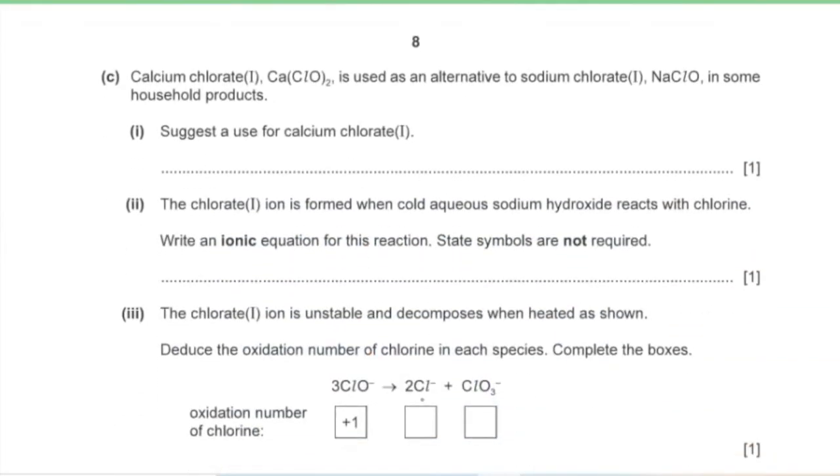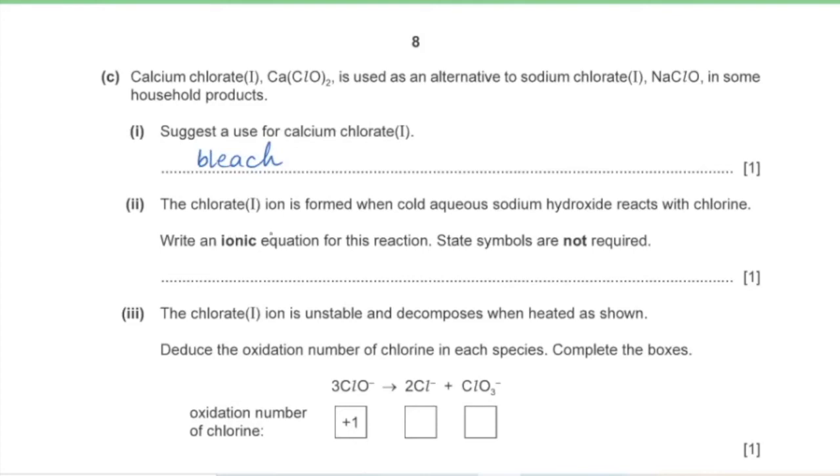Part C, calcium chlorate is used as an alternative to sodium chlorate in some household products. Part 1 suggests the use for calcium chlorate. It can be used as a bleach. Part 2, the chlorate ion is formed when cold aqueous sodium hydroxide reacts with chlorine.